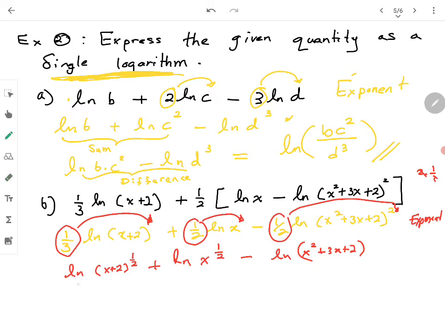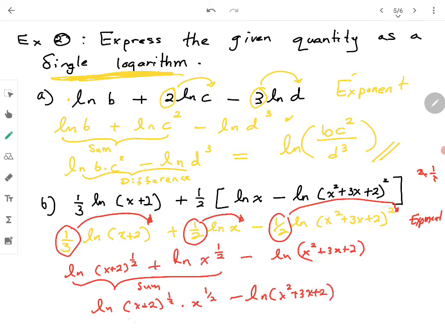Okay. Now just start combining two terms at a time. So this is a sum, so you can write it as a product, and then this is a difference, so you can write it as a quotient.